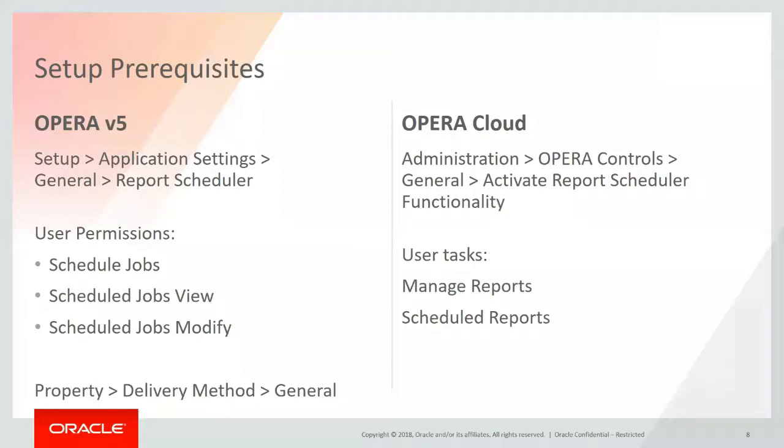The delivery method is not required on Opera Cloud because that is already set up for your environment. And like I said before, it's only required on Opera v5 if you wish to use email delivery. Other options for Opera v5 are fax, text message, SFTP, or folder delivery. We will cover more on this a bit later.